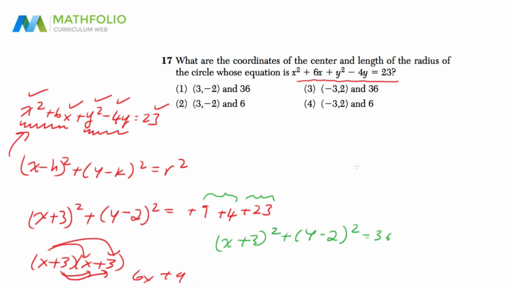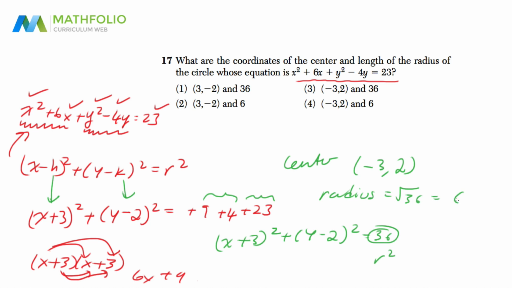So our center, because this should say x minus h, our center must be negative 3, comma, and over here the k is the 2. So comma 2, that is your center. And then the only other thing that you needed was the length of the radius. Well, here is the r squared, so by square rooting you have the radius. You could write radical 36, but that simplifies to 6. So here are your answers.